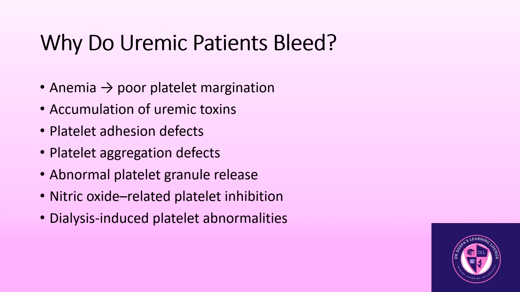The bleeding tendency of uremia arises from a convergence of multiple abnormalities. Anemia reduces the blood viscosity, which normally pushes the platelets to the wall, which is called margination. Uremic toxins, particularly guanidinosuccinic acid, which is a nitric oxide precursor, accumulate in the plasma and inhibit platelet functionality. Platelet adhesion is also reduced due to decreased GP1B expression and decreased high molecular weight von Willebrand factor multimers.